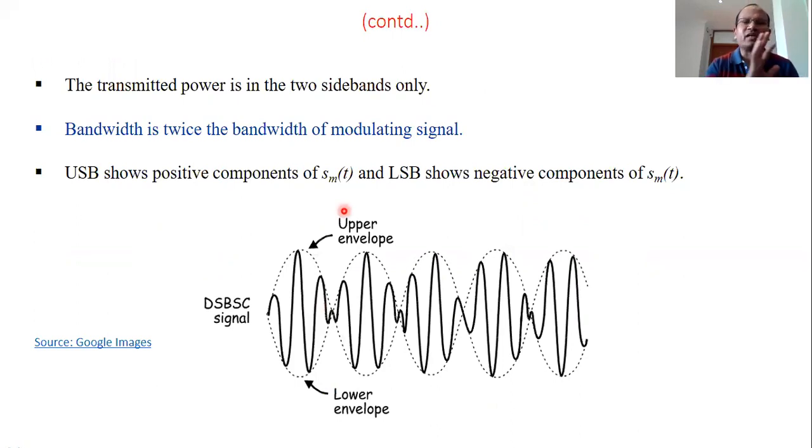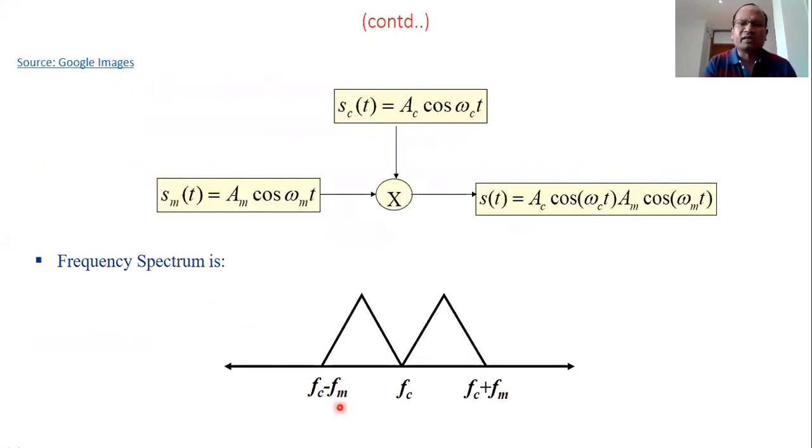We know that the carrier does not contain any message, but the carrier is needed in order to avoid difficulties of synchronization, the extra complexity that arises at the receiver. So in order to avoid that, the carrier is sent. But when we are not sending the carrier, there is no problem, because the message is there in both the sidebands. In one sideband, what is the bandwidth? fm.